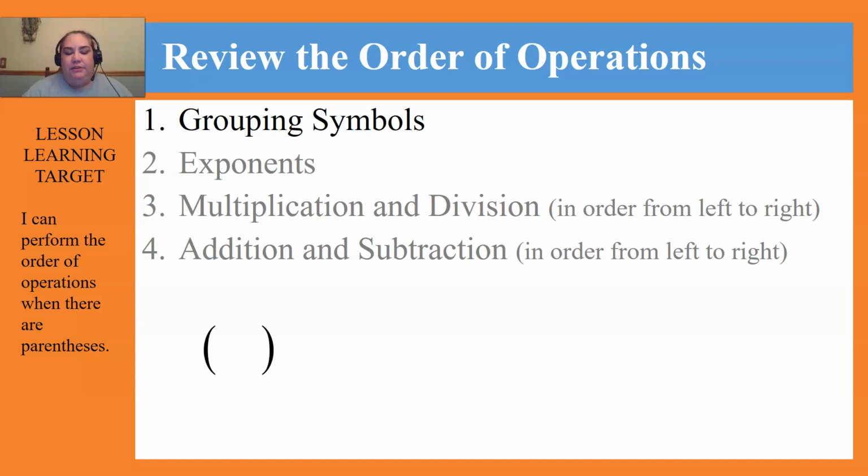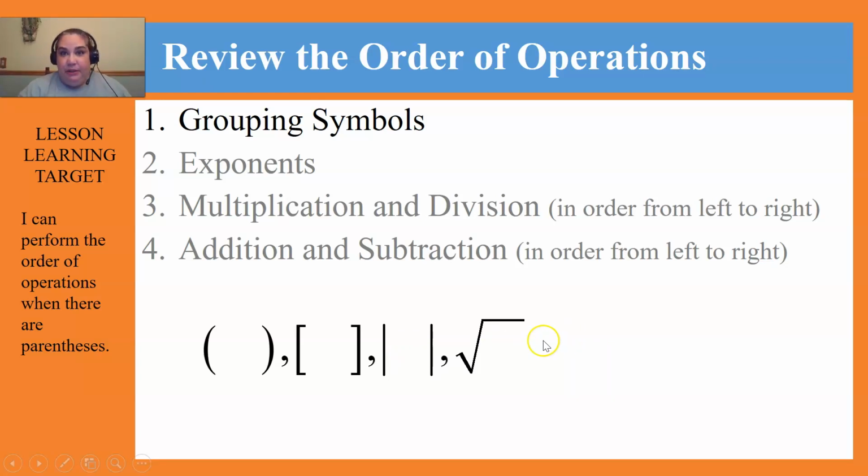Usually, our grouping symbols are parentheses. So you would do whatever is inside the set of parentheses as your first step. But you can also see square brackets, and again, you do what's inside the square brackets first. We also have absolute value bars, and so you would do anything inside the absolute value bars first.